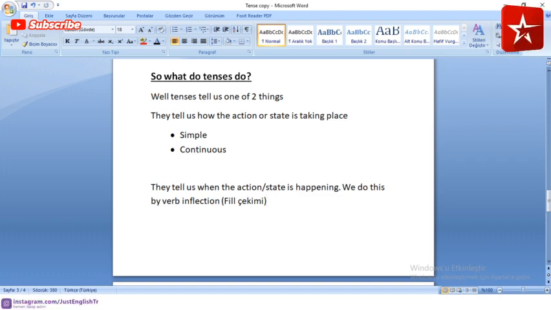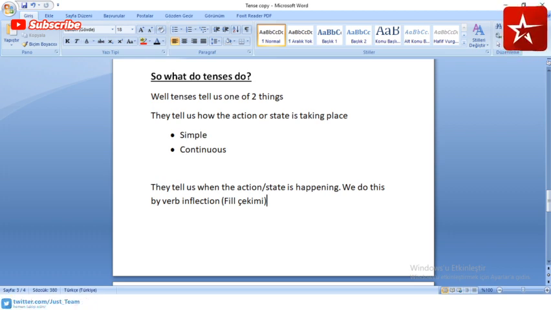And in the future, he will walk to work every day. This is a simple action, future simple, but the verb form will walk tells us that this action is a future action. So we change the form of the verb in order to show time. It's a very, very small part of forming a tense in English.